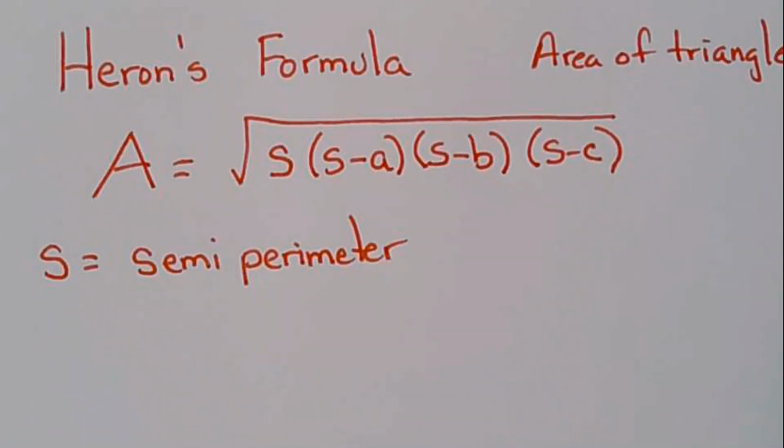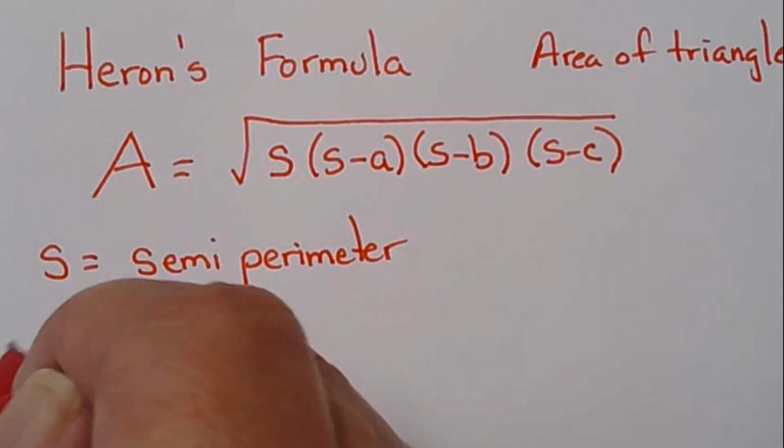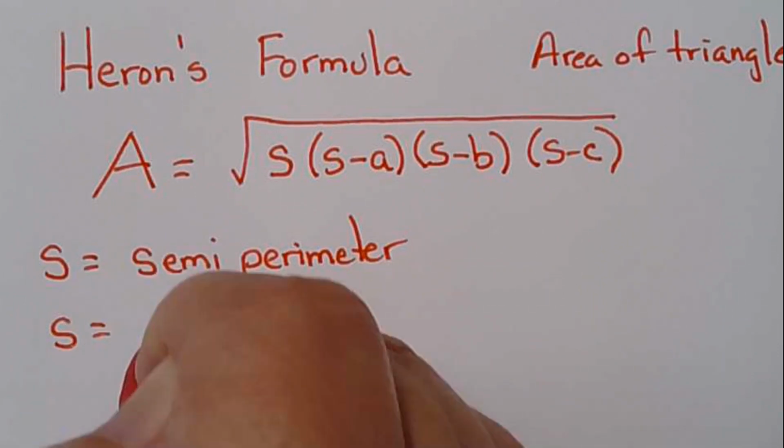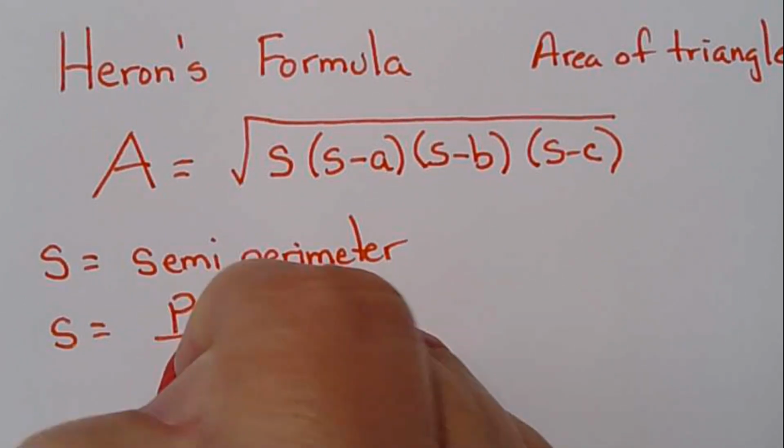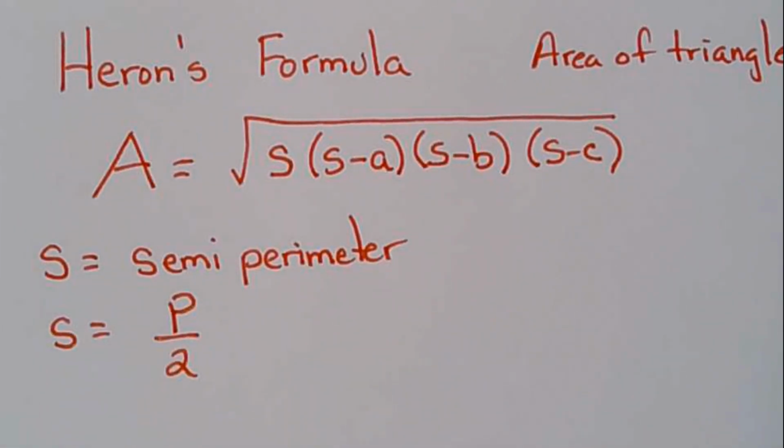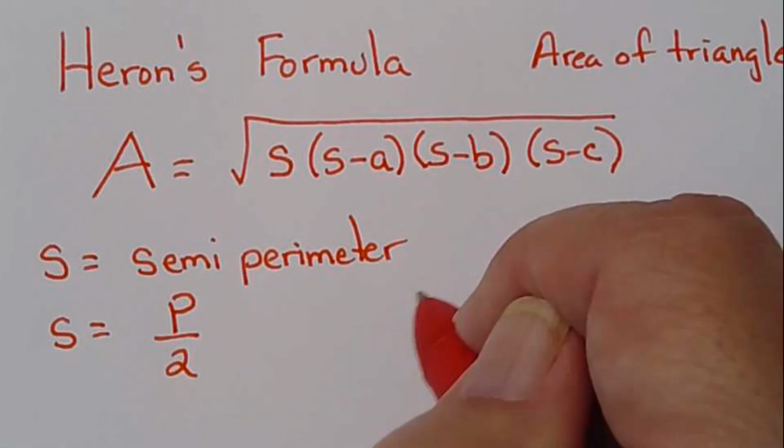The semi-perimeter is half of the perimeter, like a semicircle is half of a circle. So S means you just find the perimeter and cut it in half. Divide it by 2, cut it in half. What do you think the A, B, and C are? They're the sides of the triangle.